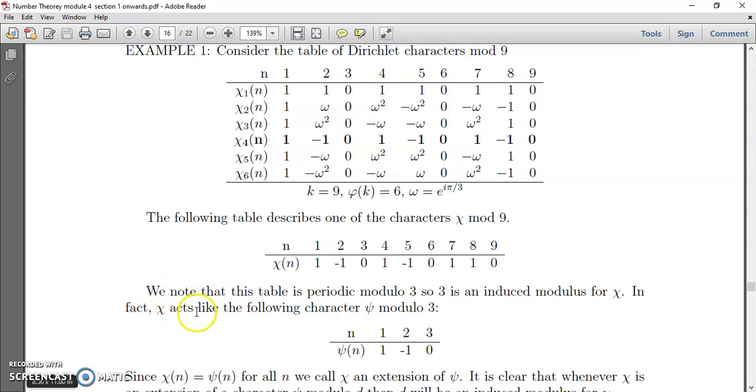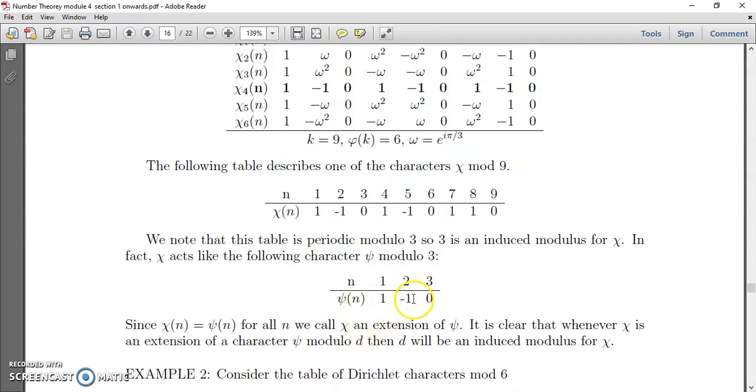But here you can also see that chi acts like the following character. Suppose you have a psi modulo 3. Then psi of n takes the values 1, -1, 0. This is something like the sign character modulo 3. You can generate all the other terms, because psi of 1 is 1, psi of 2 is -1, psi of 3 is 0.